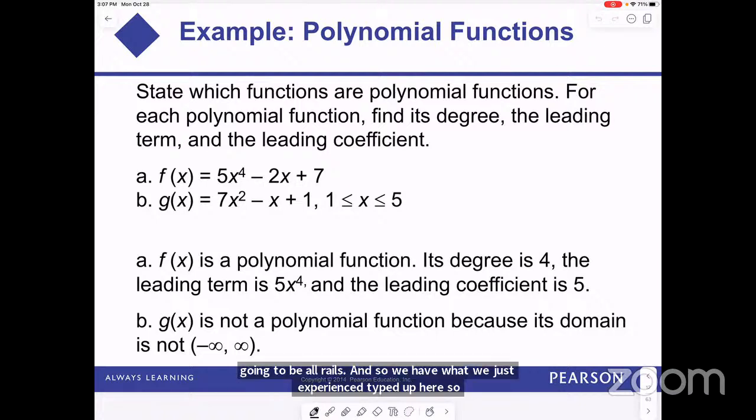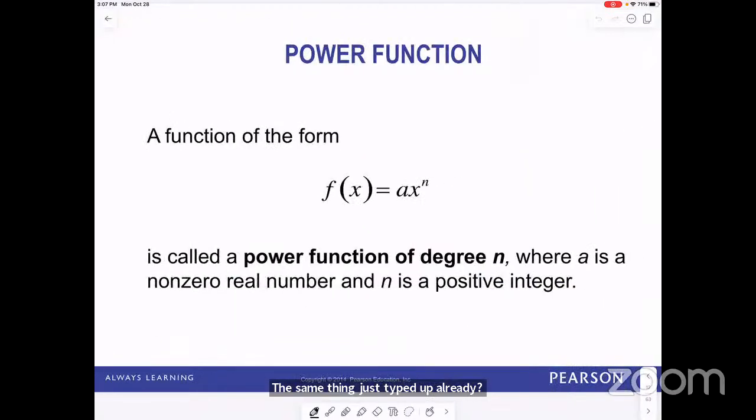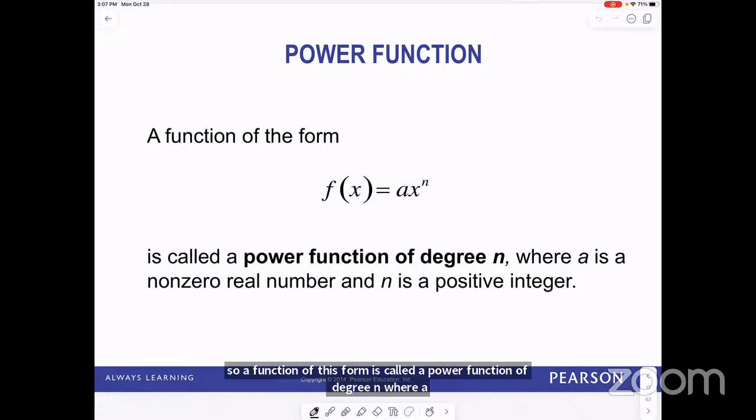Okay. So then we move to this notion of what do we mean by a power function? A function of this form is called a power function of degree n, where a is a non-zero real number and n is a positive integer, right?